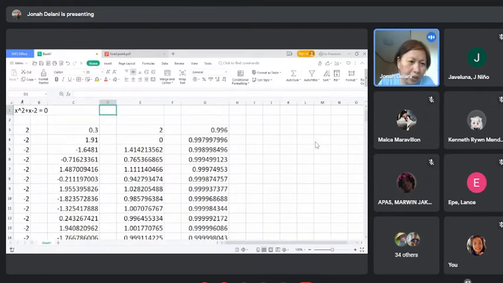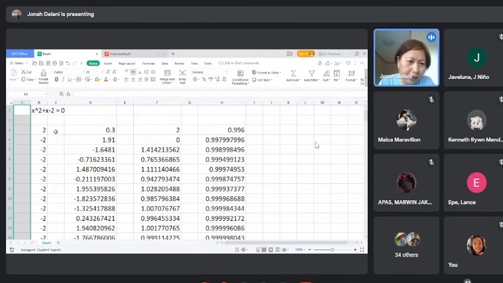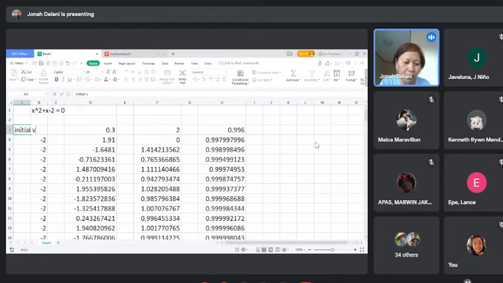You can have any form. So this is a sample worksheet to solve for the root of x squared plus x minus 2. The first row is the initial value. What is the initial value?